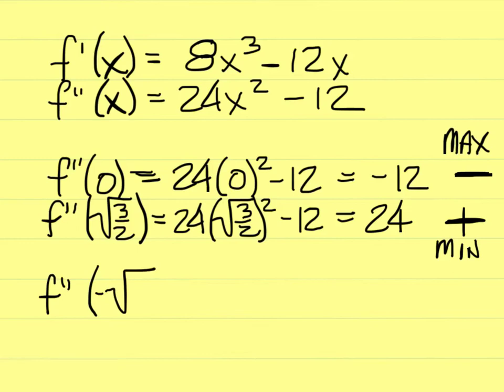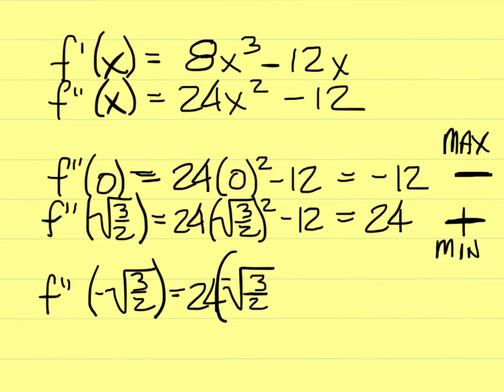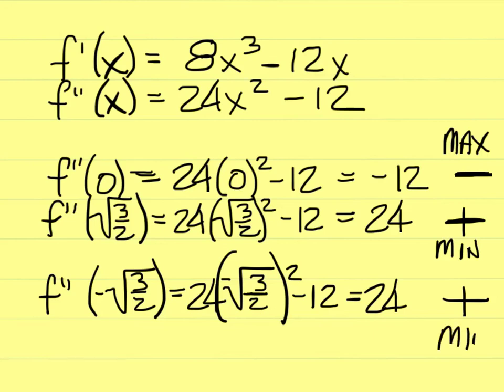And we'll have the negative square root of 3/2 and insert that into the second derivative. And here we have 24. That one is positive, so this one should be what? A minimum.